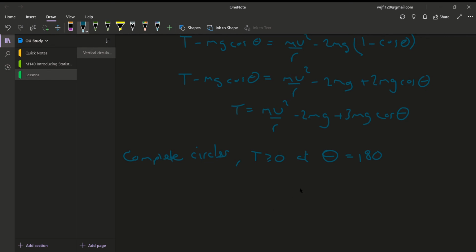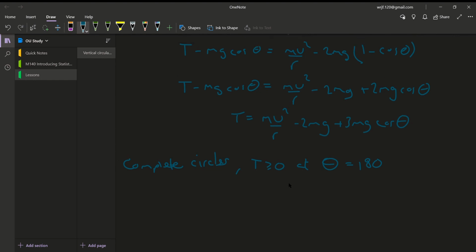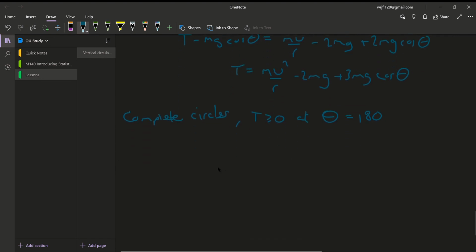So theta being 180 gives us cos theta as -1, so this then becomes a -3mg here. If we substitute those things in, we have mu squared over r minus 2mg, and then a -3mg because of cos theta being equal to -1. And we need that tension expression to be greater than or equal to 0.